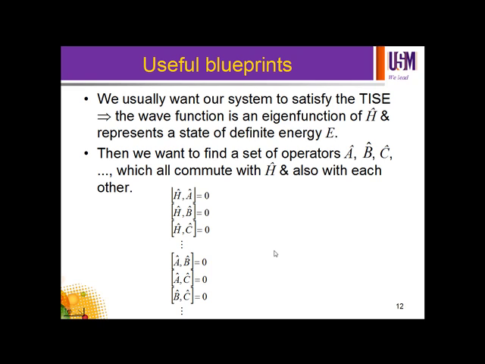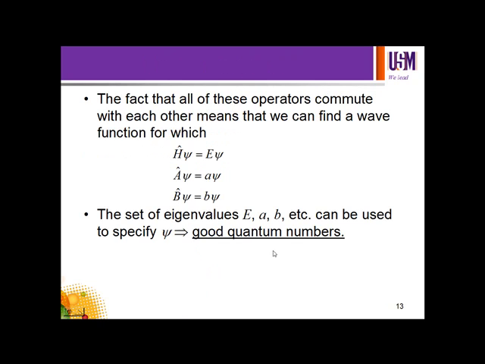The fact that all these operators commute with each other means that we can find a wave function for which Hamiltonian operator psi equals energy psi, operator A psi equals eigenvalue small a psi, operator B psi equals eigenvalue b psi. That means those are the forms of operators.